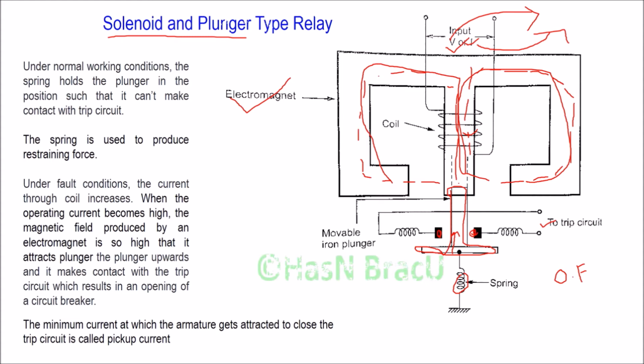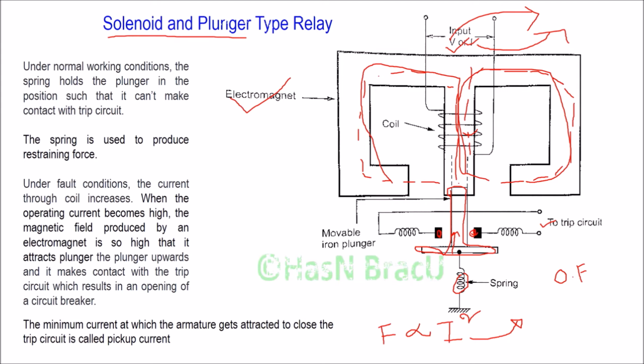So if the force is F, which is proportional to the square of the current flowing through the coil. So under normal operating condition, the current is normal. This means the current is less, then the operating force, or you can say magnetic force, will be less, since force is proportional to the square of the current.